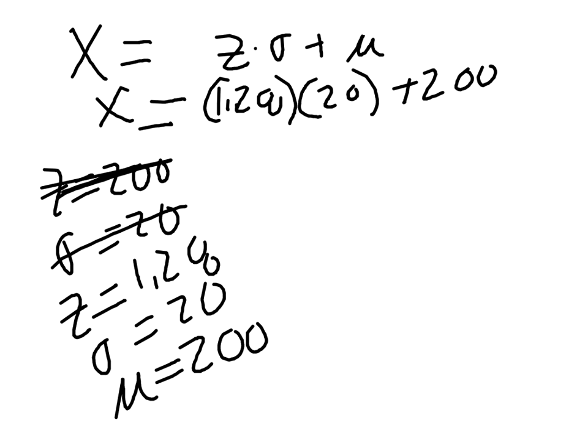Now remember, in this case, we're not finding the z-value. We're using our formula into a derived formula to find a given data value. And that given data value rounded to the tenths place is 226.